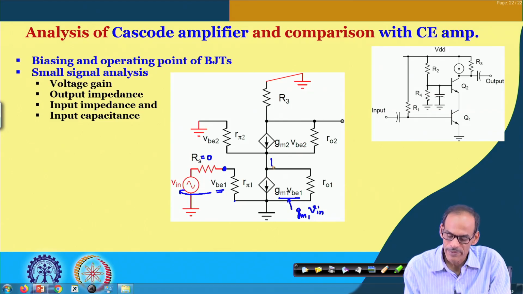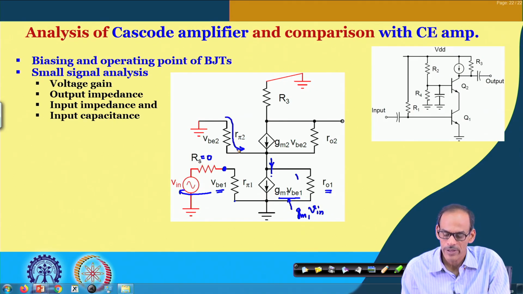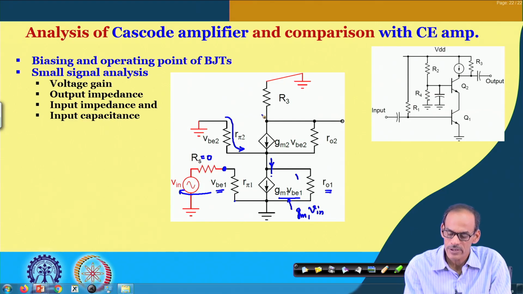That means it is expecting that signal current to come through this. In fact, this current partially comes from the upper side as well as from this r o1. When I say upper side, it is primarily coming from r pi 2 as well as the combination of the rest of the circuit.